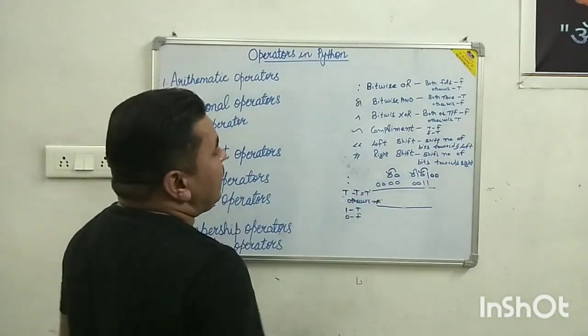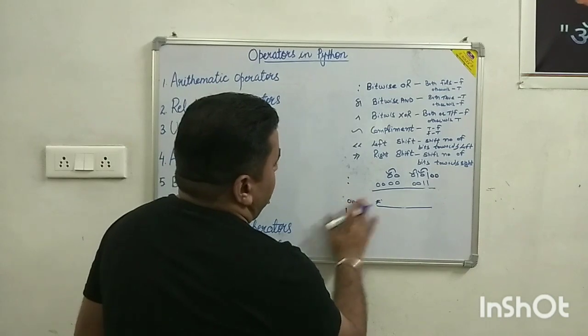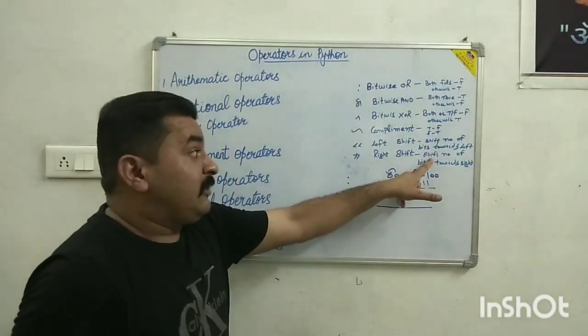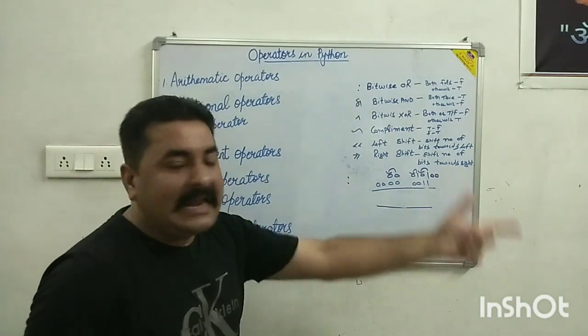Then we come to the right-hand side. The right shift operator means shifting a number of bits towards the right-hand side.